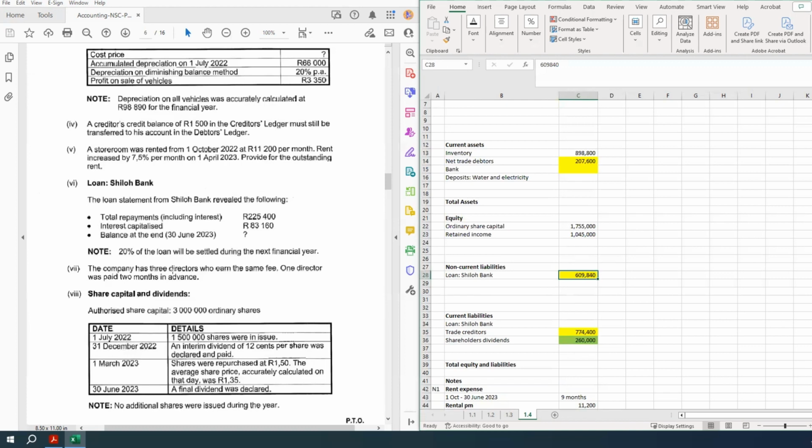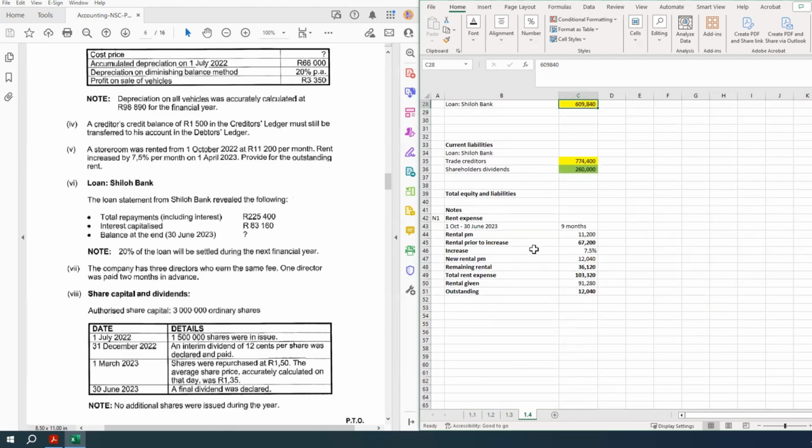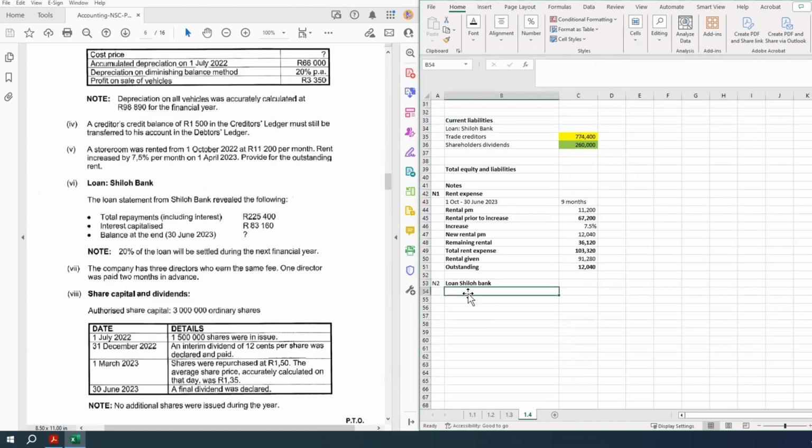Remember, that tells you that 20% of whatever balance we work out is going to be settled within 12 months, so it should be disclosed as current liabilities. So let's add this as a note. I'll just add this as N2. Right, so loan from Shilo Bank.